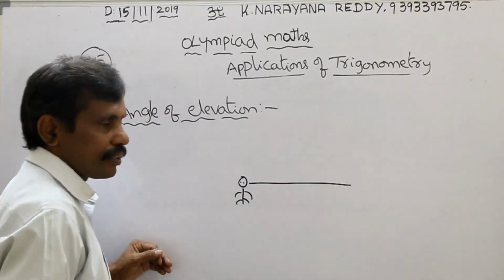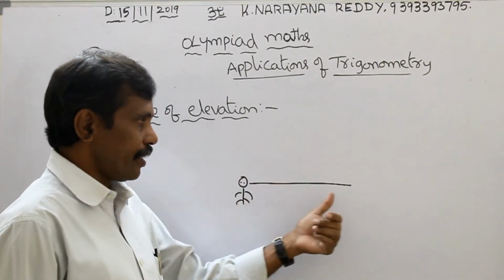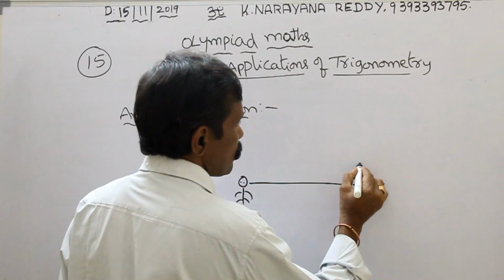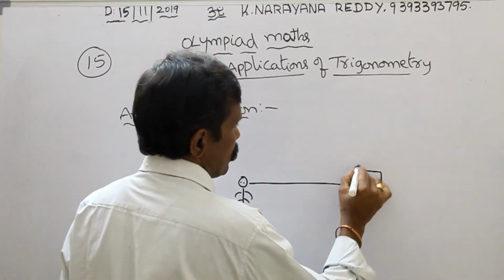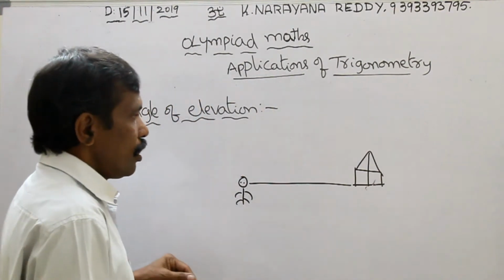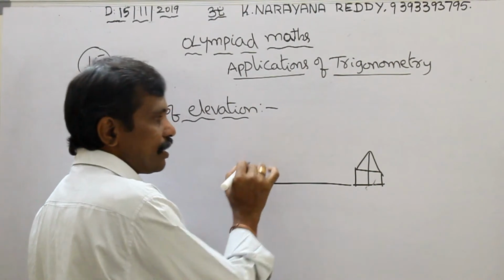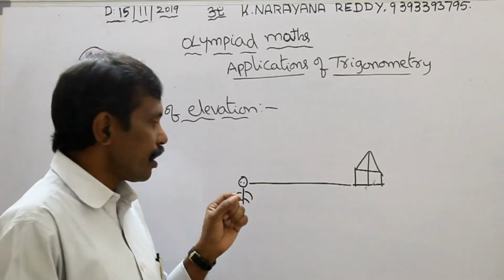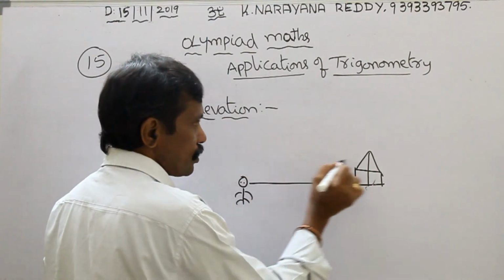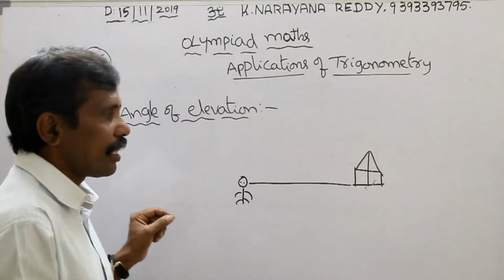This is the line between the eyes of the person and an object. Consider this is an object. Now, this person observing this object, raising his head, is called angle of elevation.